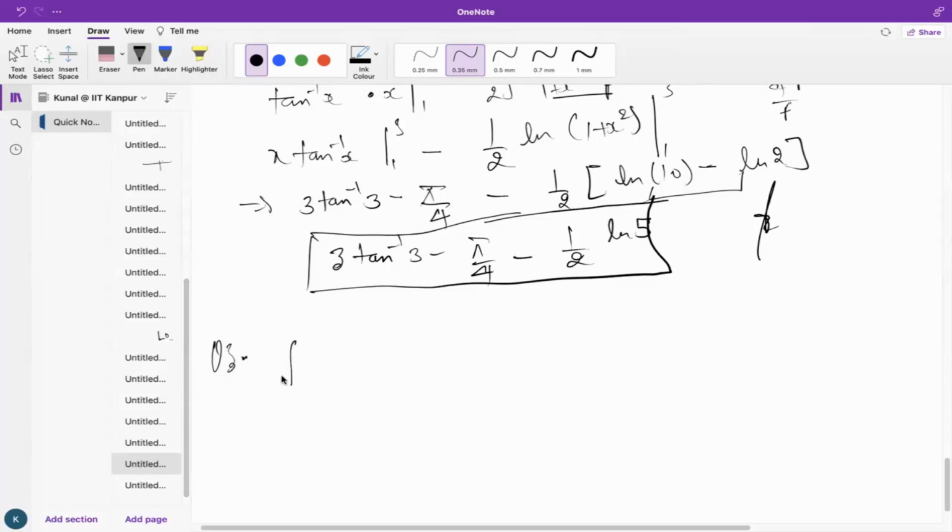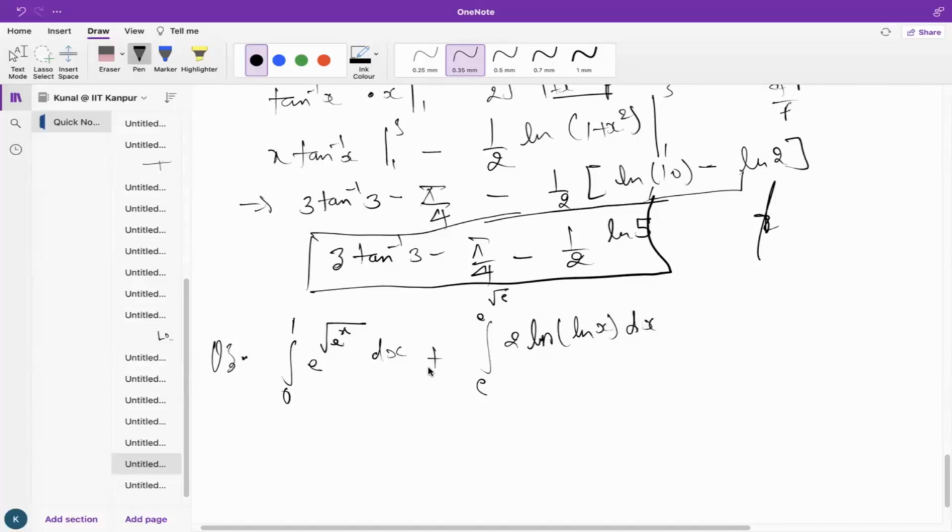We are integrating from 0 to 1 e to the power root e to the power x, plus the integral of e to the power root t, 2 ln x dx.